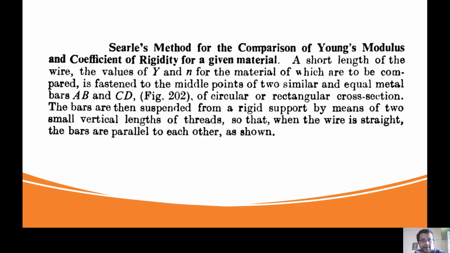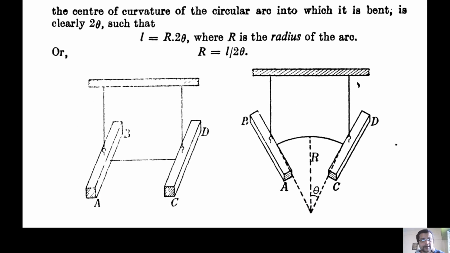In this particular case we are going to use bars, which in some experiments have a rectangular cross section, or maybe a circular cross section also. But the way that experiment is done here in the laboratory, you can understand what exactly this Searle's method is for determination of the Young's modulus of the material of that particular beam.